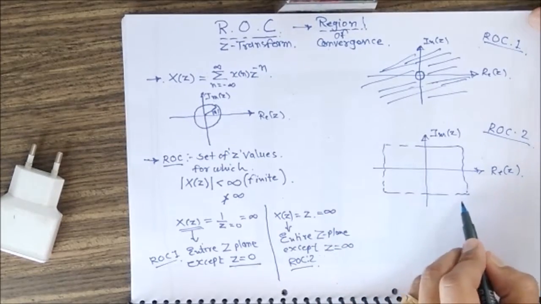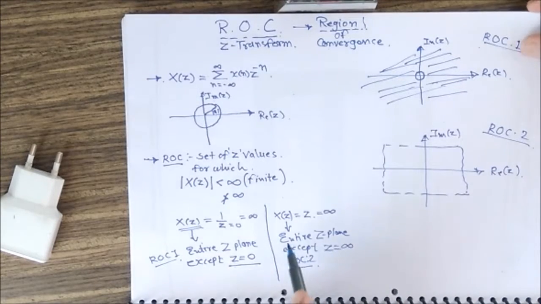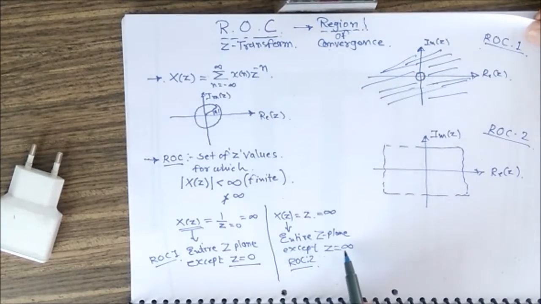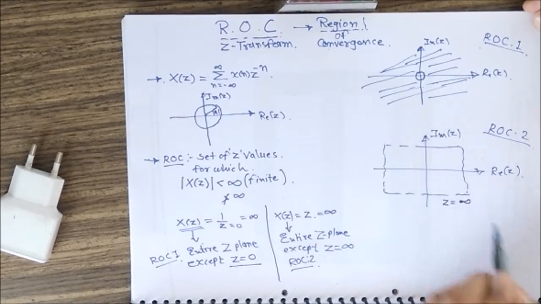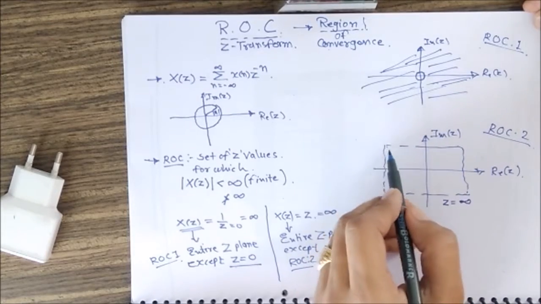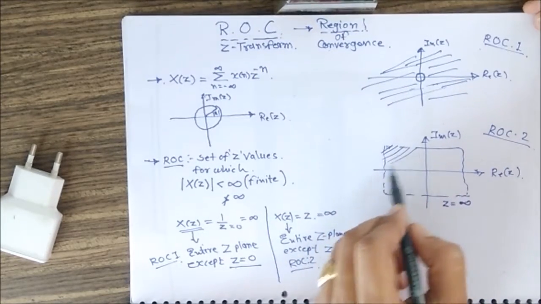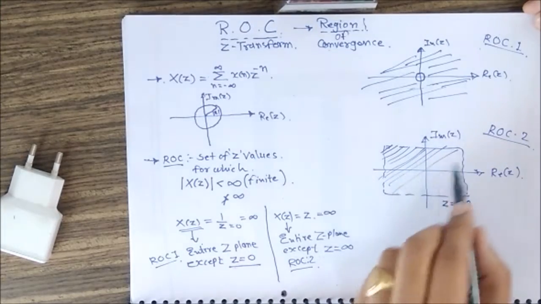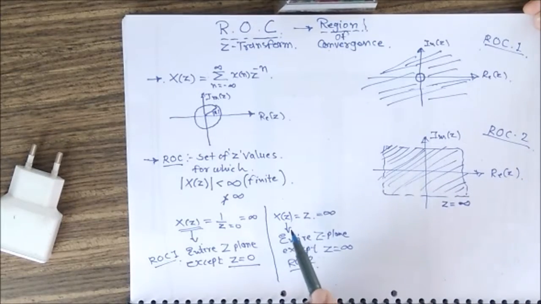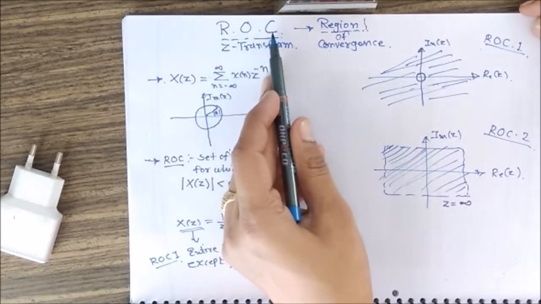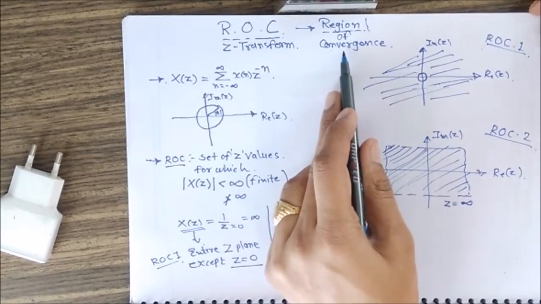So Z equal to infinity is the outside of the dotted line. This dotted box inside is the region of convergence for a given X of Z equal to Z. So this way we can plot the region of convergence of any signal.